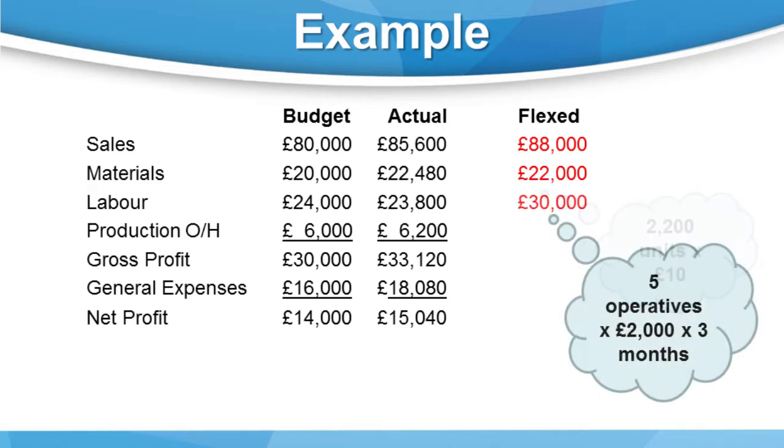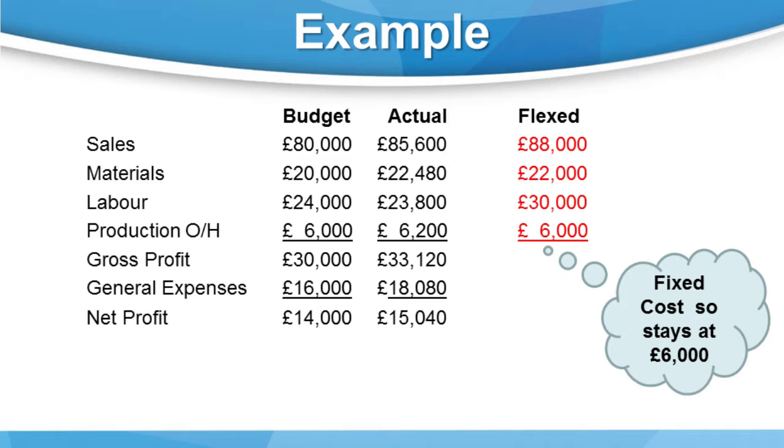Labour, we know if one worker can make 500 units in a quarter, we would need 5 workers to make 2,200 units, assuming that we can only employ full-time staff. This means that labour here is a stepped cost, and because we've moved beyond the level at which 4 workers are enough, we are going to need to employ another. 5 workers times £2,000 a month for 3 months is £30,000.